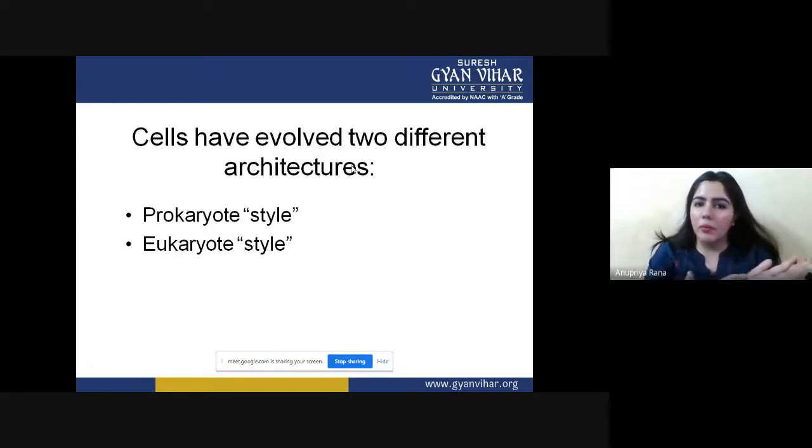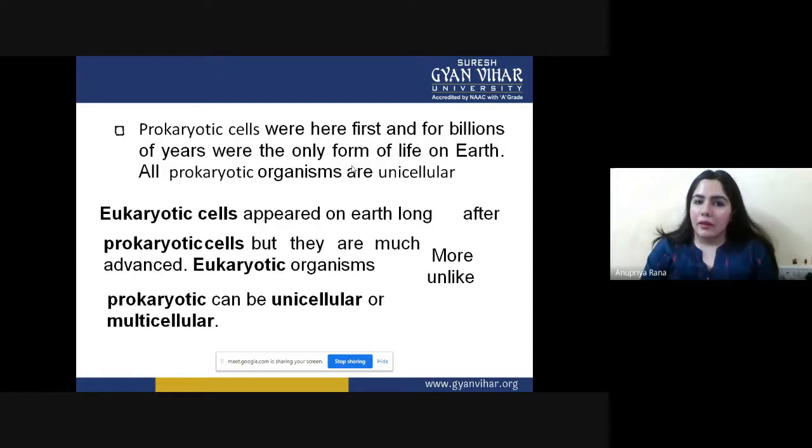We can call a particular organism prokaryote style, and we can call another eukaryote style. When we use terms like prokaryote style or eukaryote style, we are describing what kind of cell system is present in that particular organism. Let's start with some characteristics.